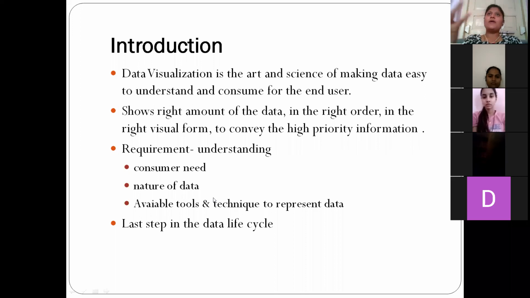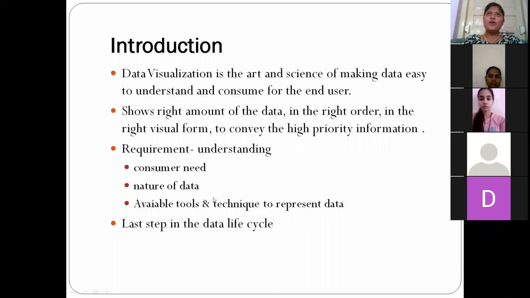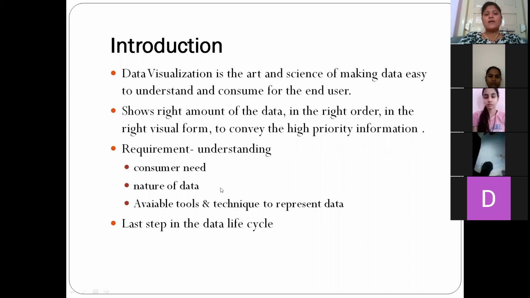For whom you are going to develop, what are their needs, what is the nature of the data, and what are the available tools. Within the available tools only, you have to do the work. That is important.